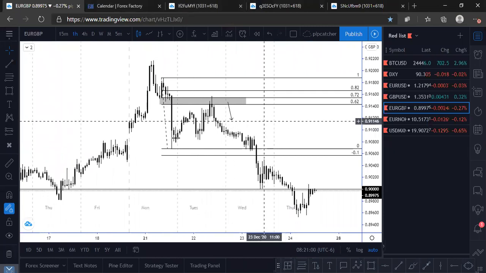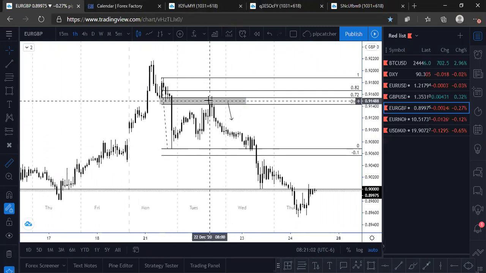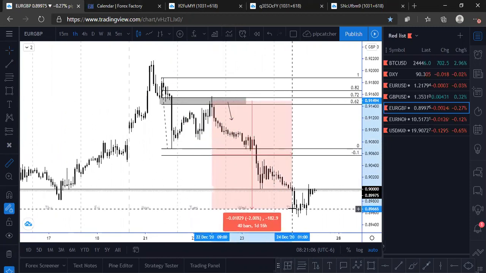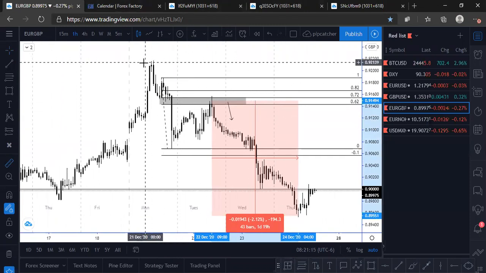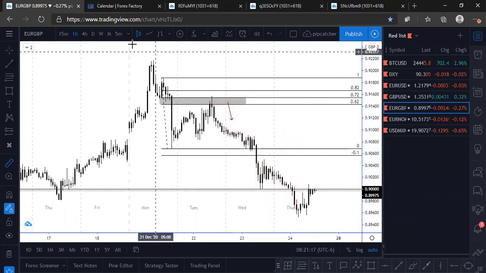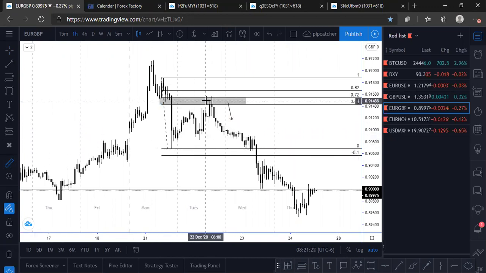So looking at this setup now, we would have entered up in this area around structure. This went almost 200 pips, right? I just showed you guys intraday setups on the 5 minute time frame on EURUSD, but it also goes for higher time frames as well.